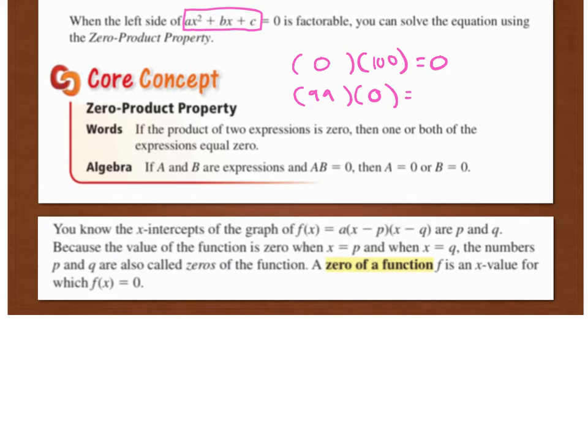And we know that this is also going to be equal to 0 because some number times 0 is 0. So that's why we set both of these parentheses equal to 0 separately and solve, because 0 times anything gives us 0. We've been doing this before. This is nothing new.